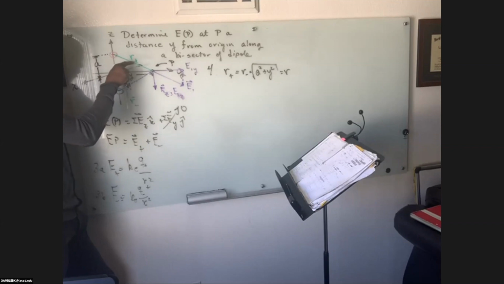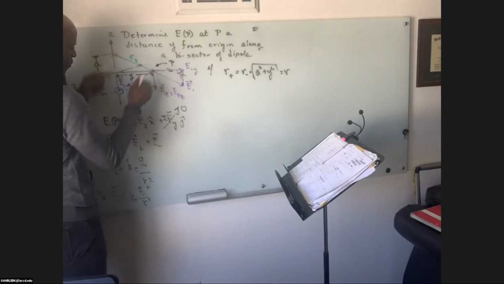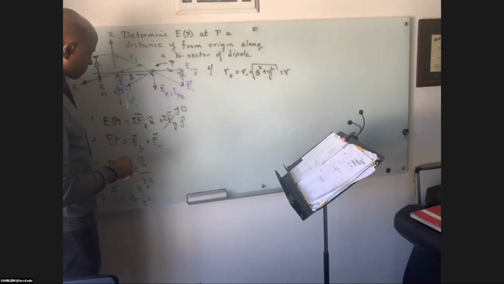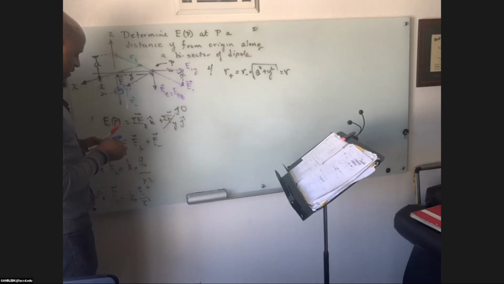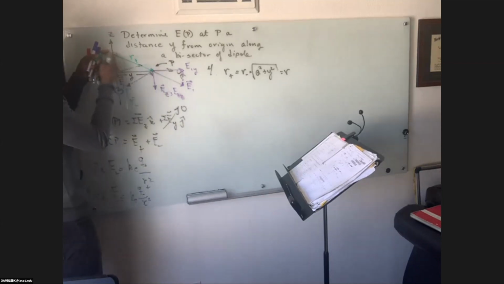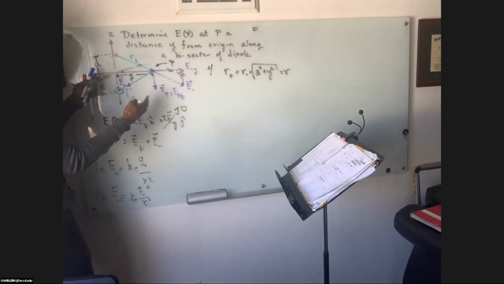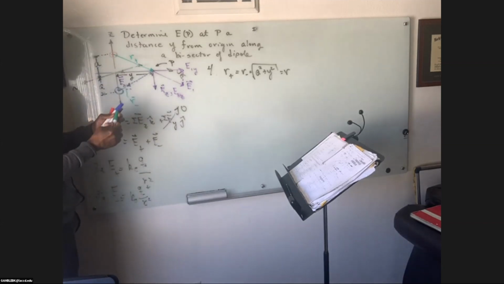The vector points from the charge to the point where you want to find the field, so I could bring it down and represent it independently by drawing it from the origin.